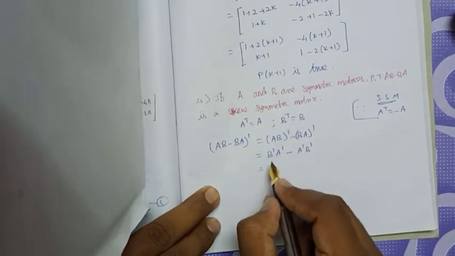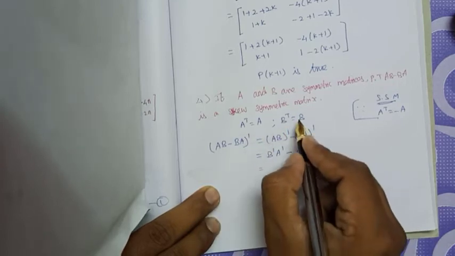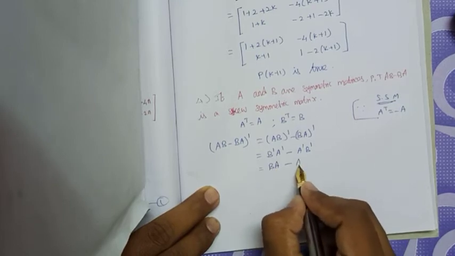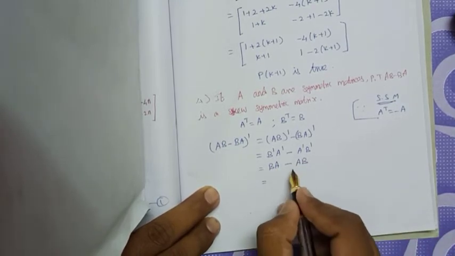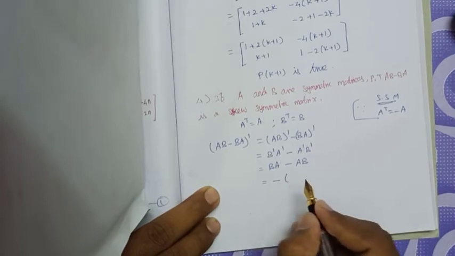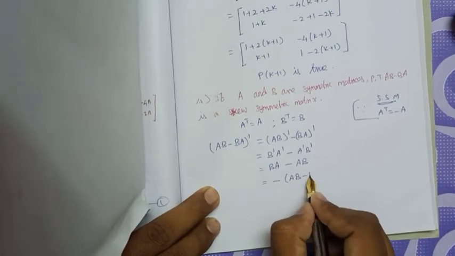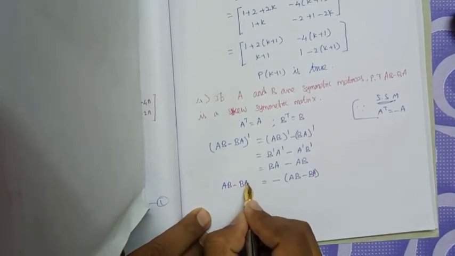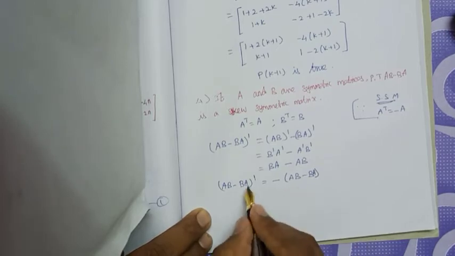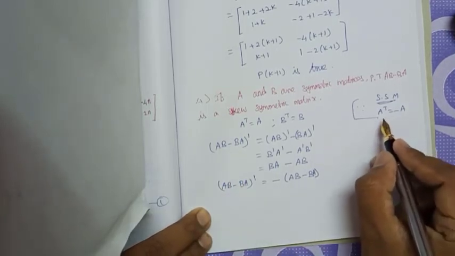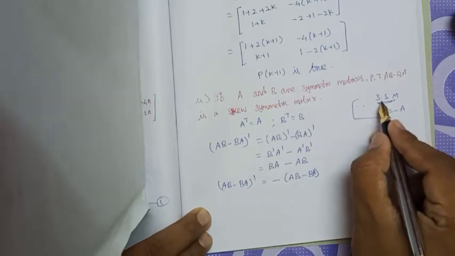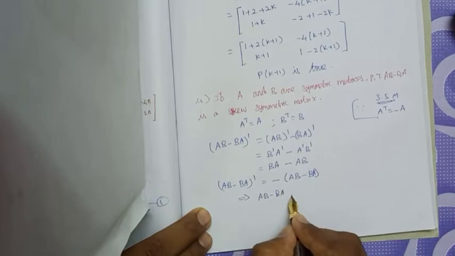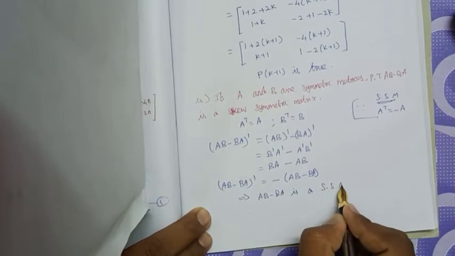Given A and B are symmetric matrices, so B transpose is written by B and A transpose is A. Here A into B. Here we take the minus sign out, then we get AB minus BA. So here you can see this AB minus BA whole transpose equal to minus of the matrix. So already I said that A transpose equal minus A means that is skew symmetric matrix, which implies AB minus BA is a skew symmetric matrix, hence proved.